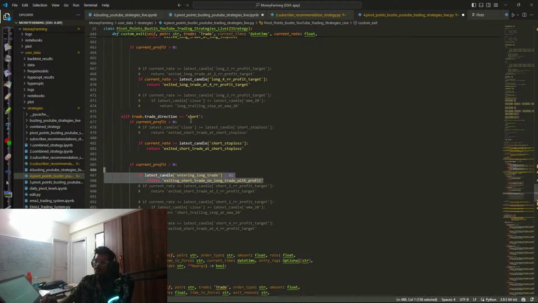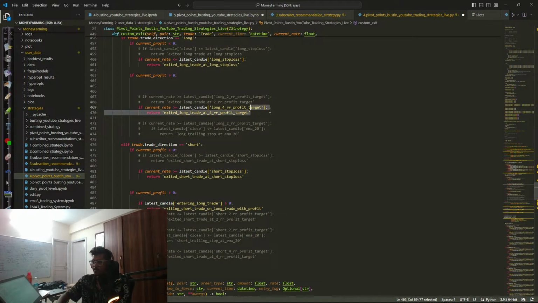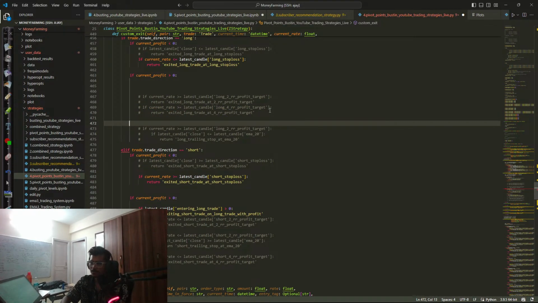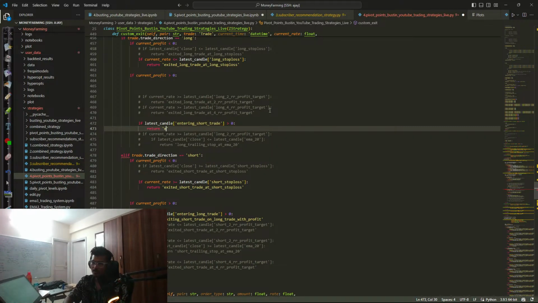Okay, now we can do the same thing here. If latest candle dot entering short trade is greater than 0, then we return exiting long trade on short trade with profit. Now let's see.